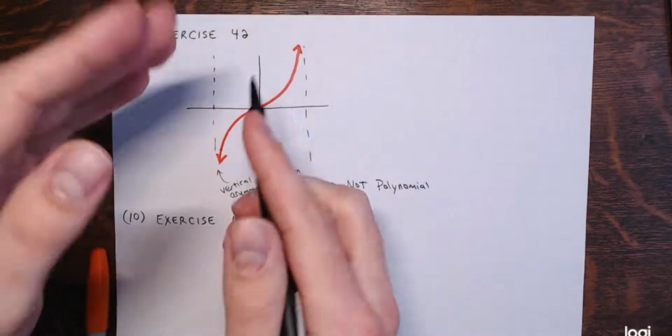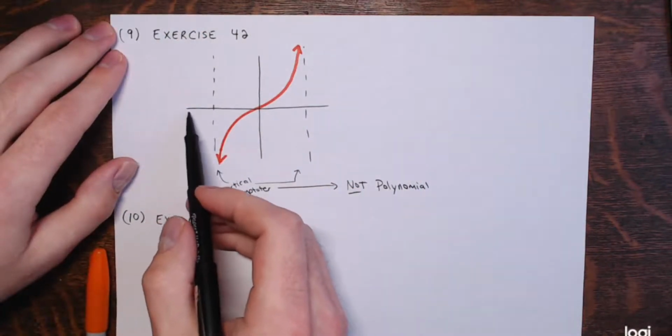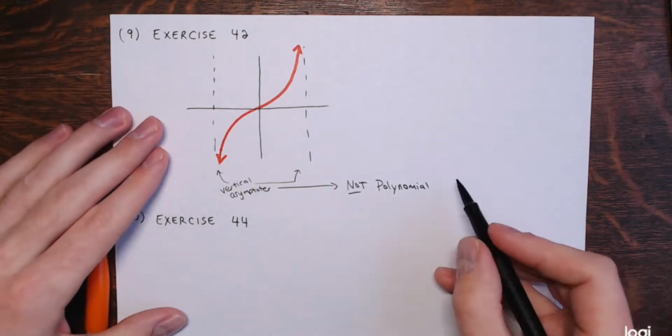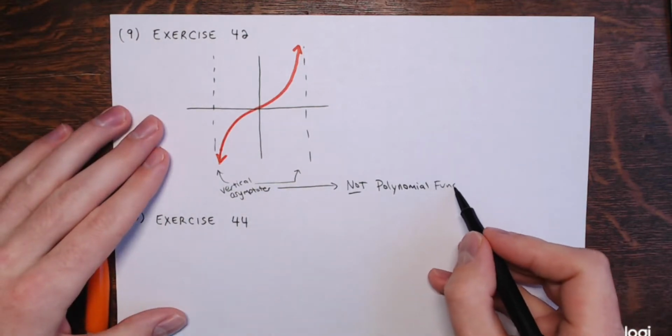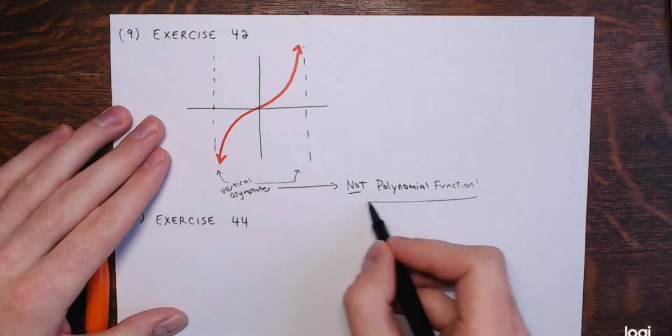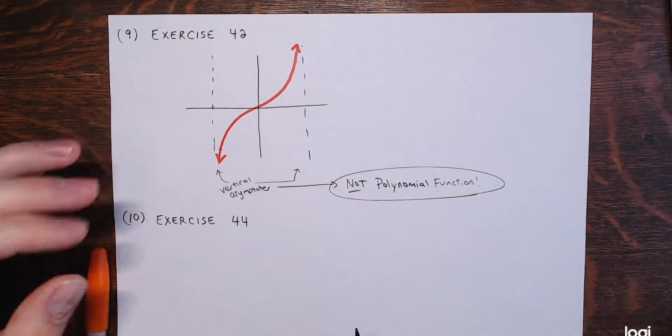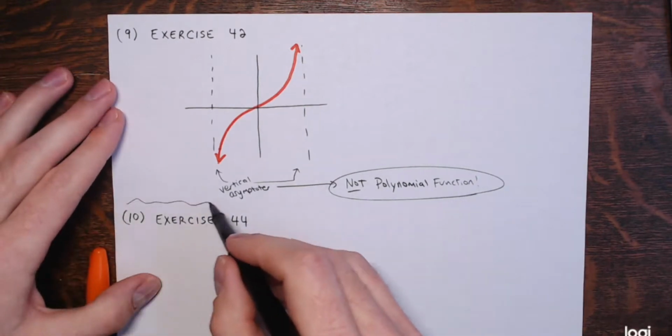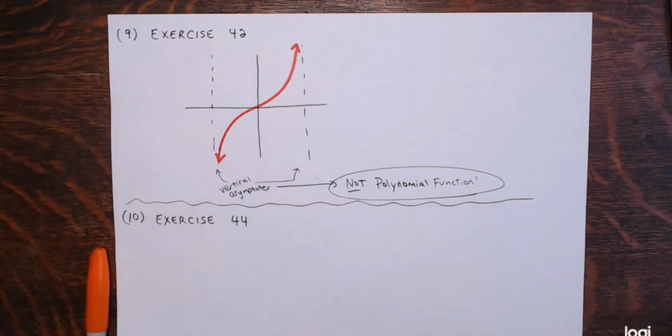There's no graph beyond this dotted line over here. There's no graph beyond the dotted line over here. That's not going to happen in a polynomial function. So again, not a polynomial function. And if it's not a polynomial function, we can't talk about degree. There's no degree to it if it's not a polynomial.